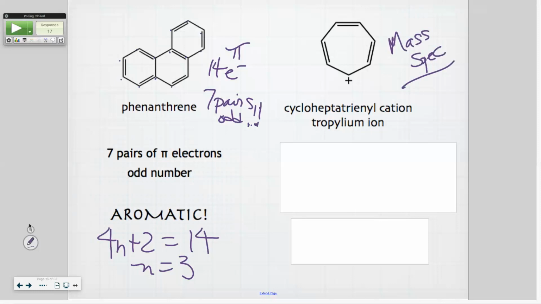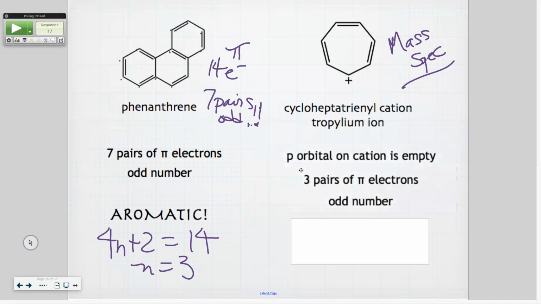All right, so what do you think about that one? Do you think that's aromatic or not? Why? It has 6 pi electrons. 3, an odd number. Okay, the p orbital on the carbocation is empty, so we're counting 0 for that. 1, 2, 3, 4, 5, 6. 6 divided by 2 is 3. Odd number.